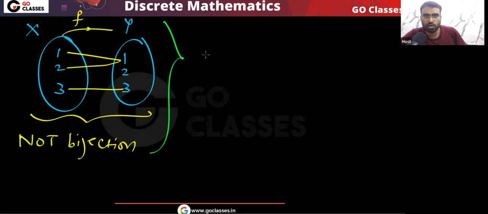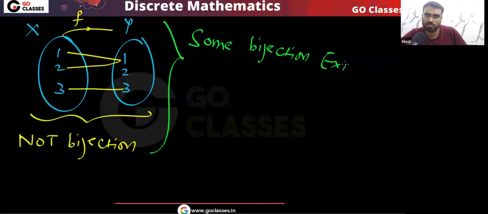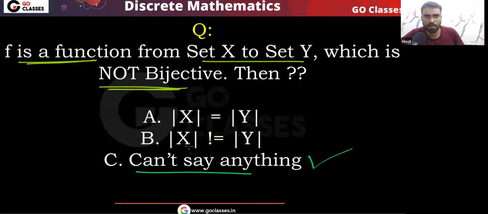But surely some bijection exists, right? So some bijection definitely exists. So remember, if this particular function is not bijective, it does not mean that no function is bijective.